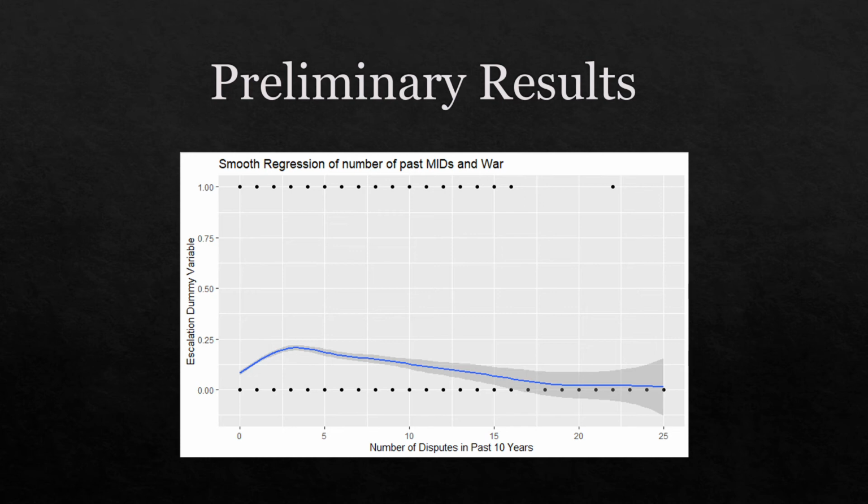It's actually about 0.22. And it levels off from then on. Countries that engage in 25 disputes in the past 10 years are not very likely to go to war at all, but the data also becomes less and less reliable as we move along the x-axis, because there aren't very many countries engaging in 20 or 25 disputes in the 10-year period.